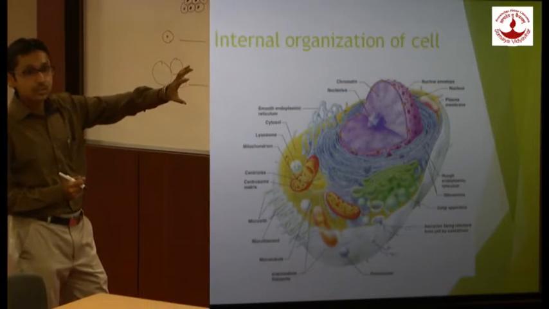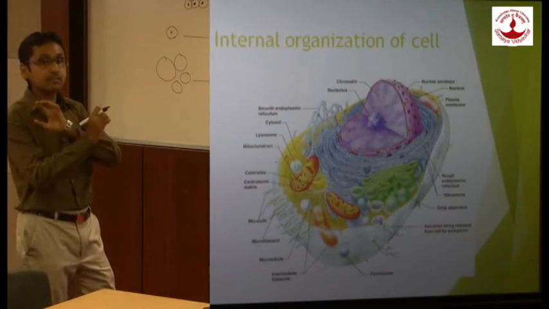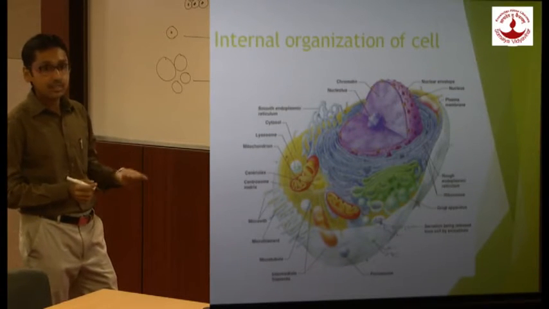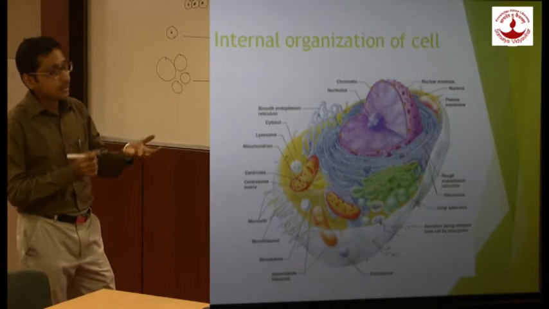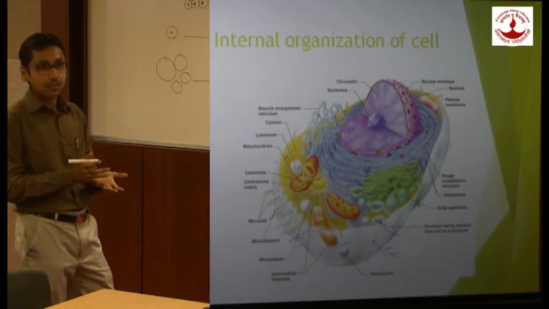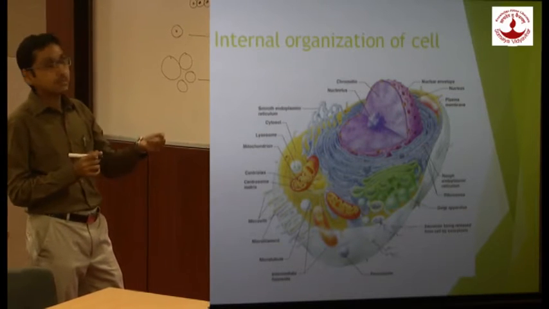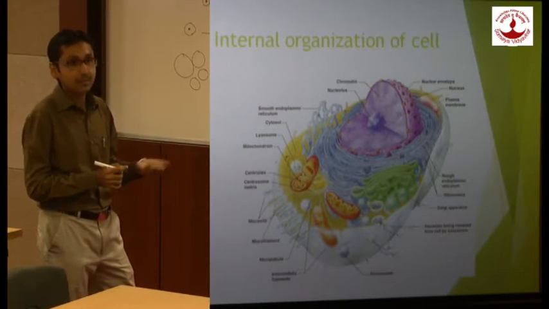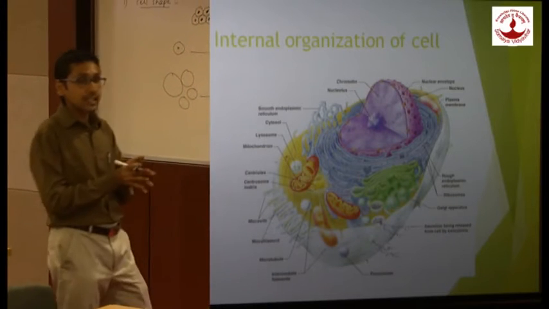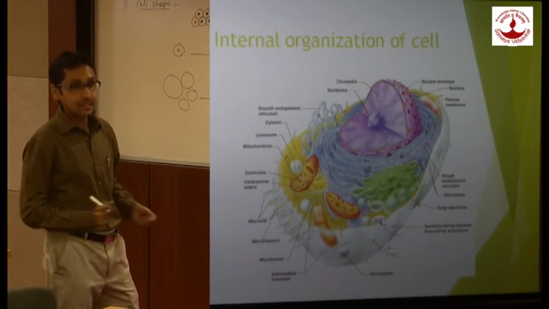If you use a drug which will inhibit cytoskeleton formation, the Golgi apparatus, for example, colchicine. Colchicine is a molecule which goes and blocks the microtubule assembly. If you add colchicine to a cell, the Golgi just fragments into vesicles.